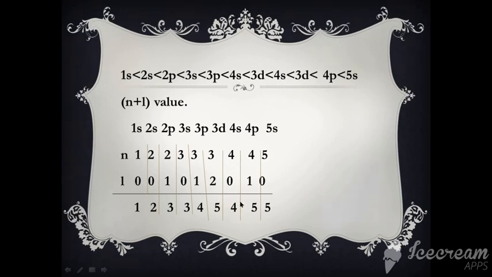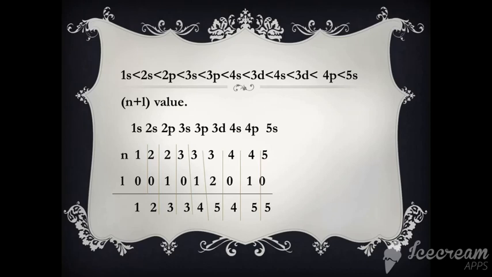After 4s, you have 3d, which is also 5, and 4p, whose n plus l value is also 5. But the principal quantum number is lesser for 3d. So after 4s, I write 3d, then 4p, then comes 5s. This is how you have to write the order of increasing energy orbitals for the AUFBAU principle.